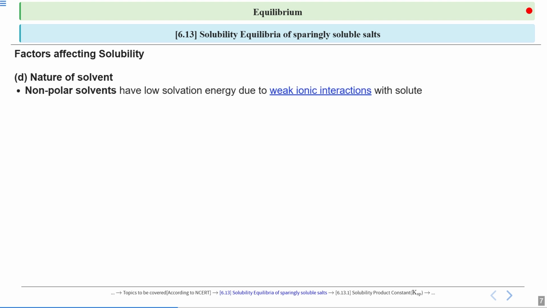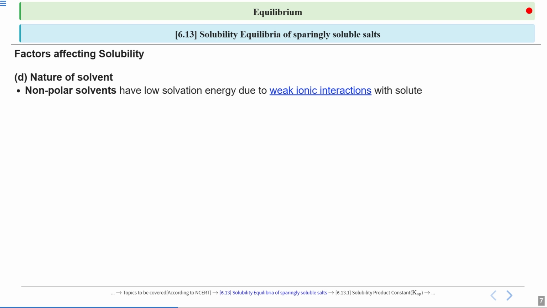Now, if you are considering an ionic solid, you must be getting an idea that a non-polar solvent will show less solvation energy, or you would say it will show less solubility. Now, what is the reason behind it? Because your ionic solid would be better stabilized if your given solvent has a charged environment. I would not say the environment is completely charged.